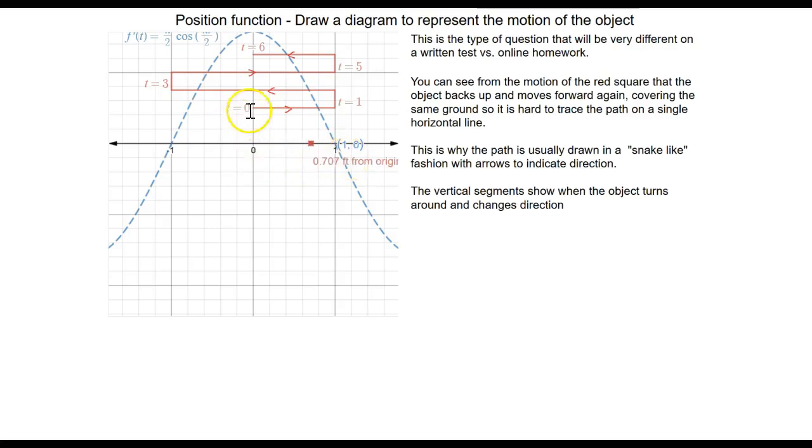So that's what we're showing here. When it started off at 0, it's moving to the right 1 foot. It turns around at t equals 1 and moves to the left 2 feet. It turns around at t equals 3 and moves to the right 2 feet. Then it turns around when t is 5 and moves to the left 1 foot. So these vertical segments are just showing where it turns around. They're not part of the path.